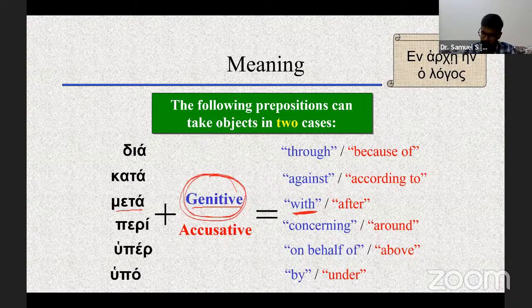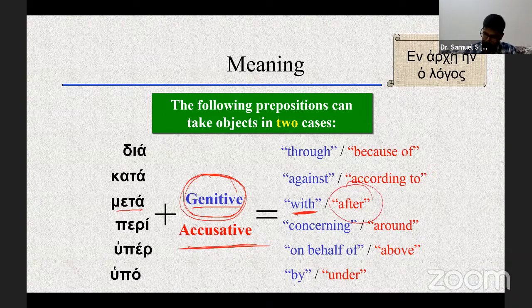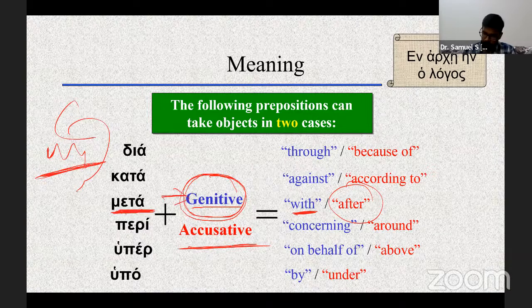Meta plus the accusative is after. But you notice meta has that positional meaning, right? It's either with or after someone, positionally. When it's with the genitive, it communicates sort of alongside, with. But when it is with the accusative, it's communicating after, right?